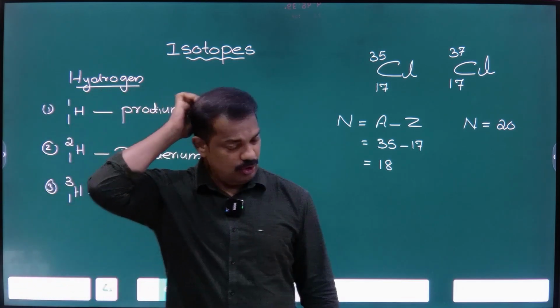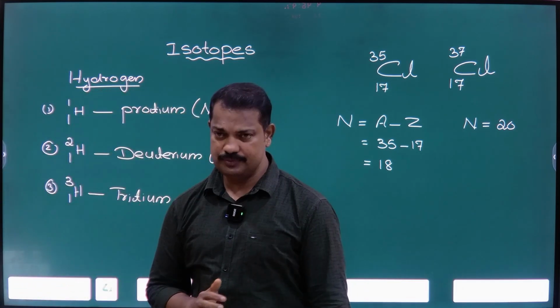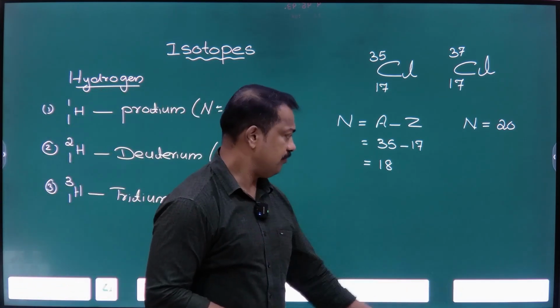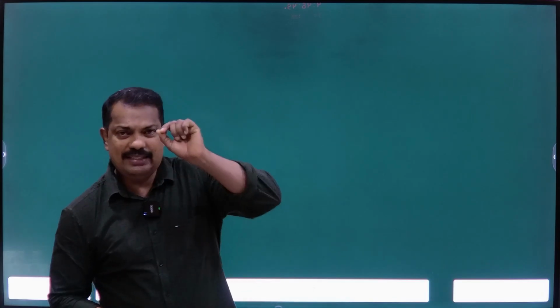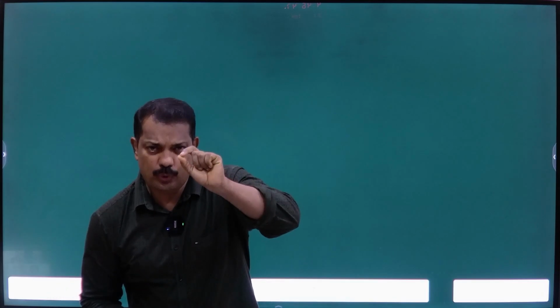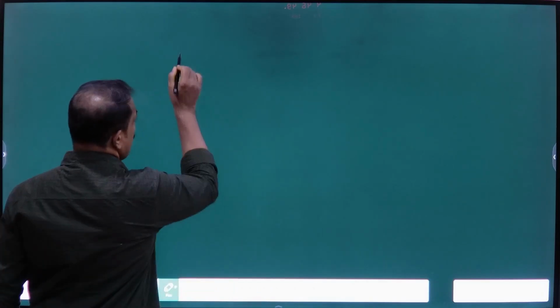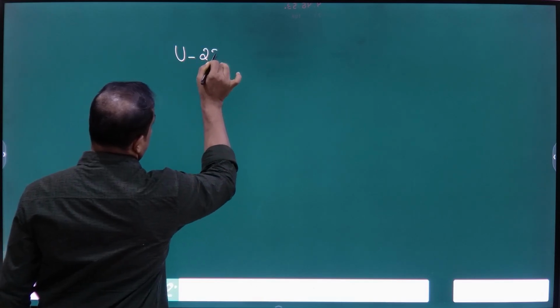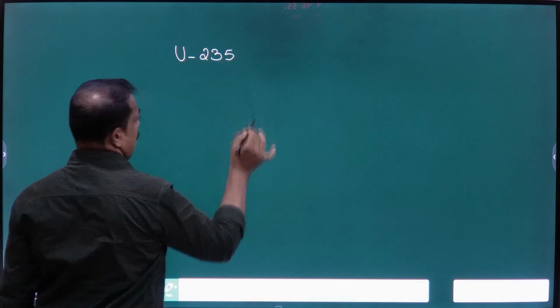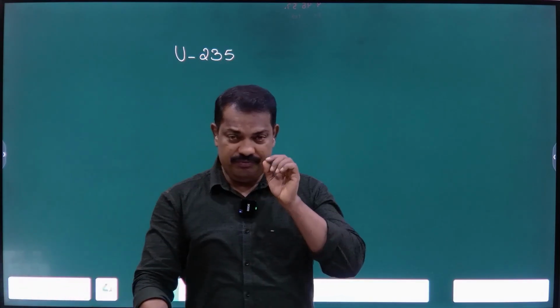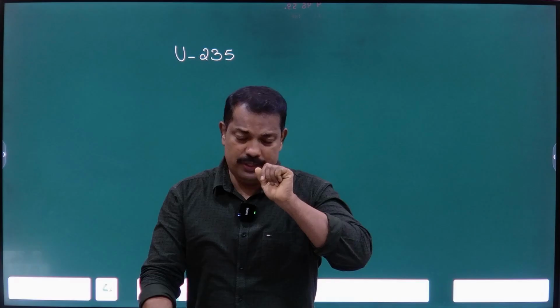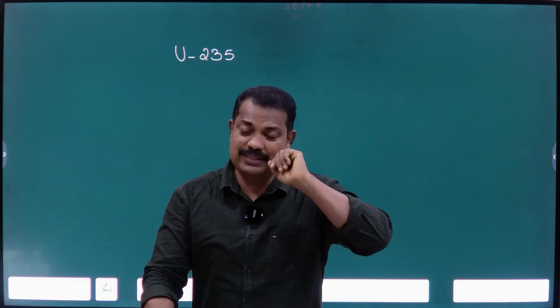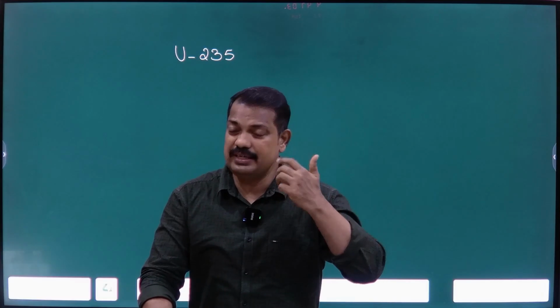Applications or uses of isotopes. Listen, the first one. The isotope of uranium, U-235. U means uranium, the symbol of uranium. U-235 means the mass number of this uranium is 235.